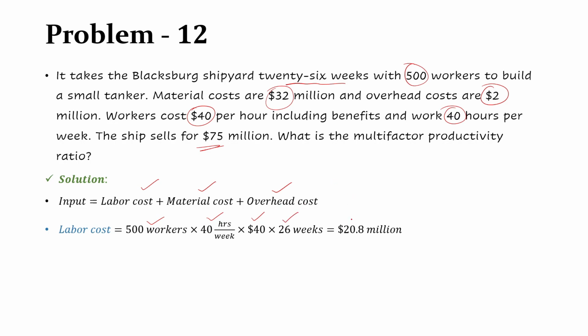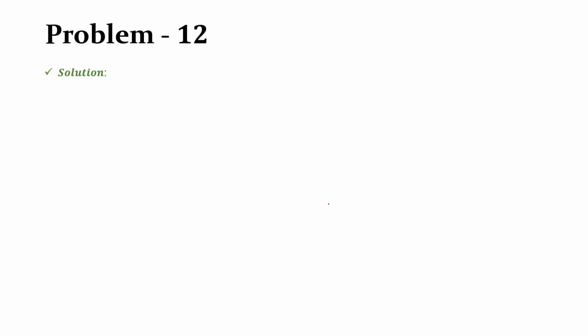So the labor cost is equal to 20.8 million. The material cost is given in the problem statement, which is $32 million. And the overhead cost is $2 million, given in the problem statement. We calculate the input by adding these values of 20.8 million, 32 million and 2 million. The total input is $54.8 million.